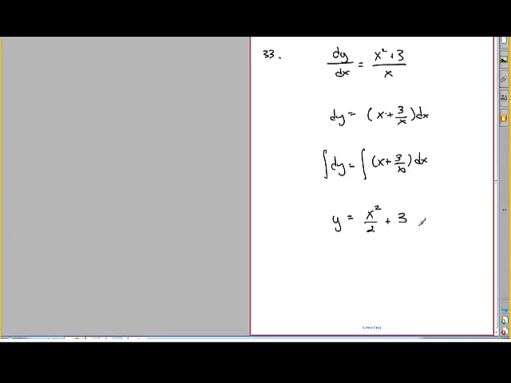The integral of dx over x is the natural log of the absolute value of x. And then we add our arbitrary constant c. This should be the solution. Let me just check the answer in the book. 33: x squared over 2 plus 3 natural log of the absolute value of x plus c.